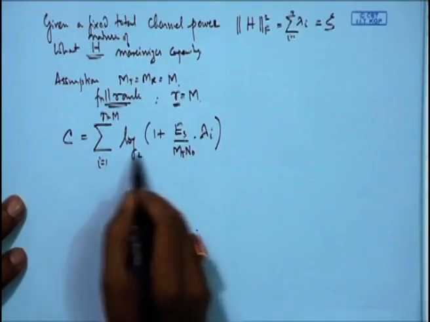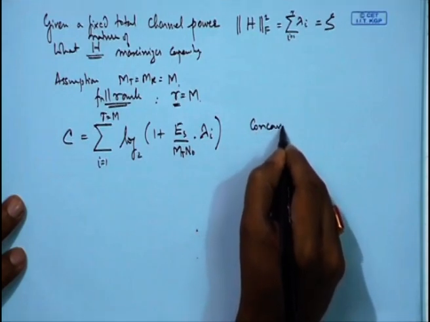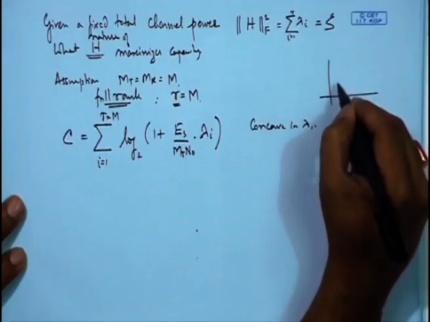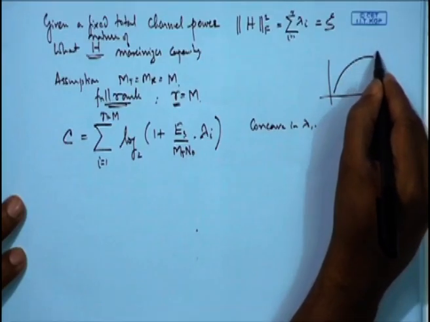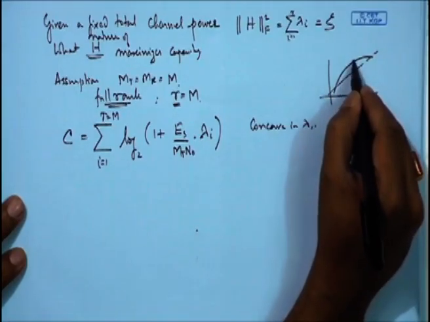So, this is concave in the variables lambda i, because we have described concave and convex functions. This is a concave function, the value of the function is above the chord.